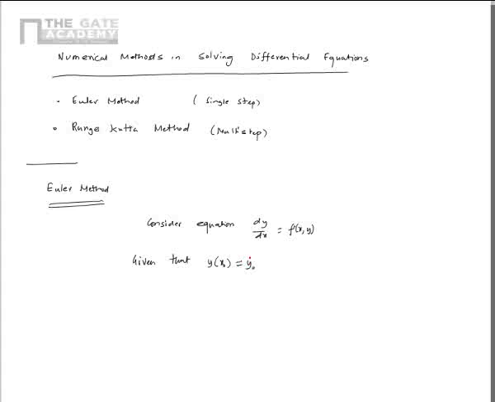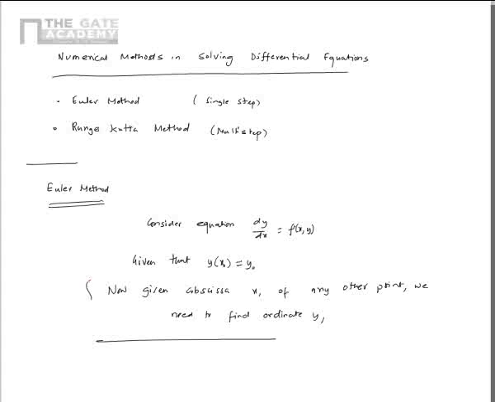But now, given the abscissa x1 of any other point, I should be able to find y at that point. We need to find the ordinate y1. So that is the objective.